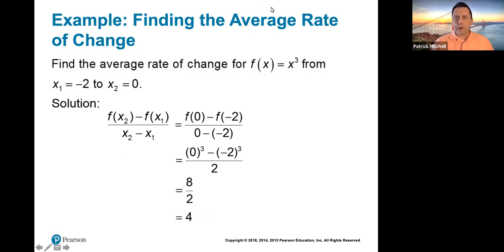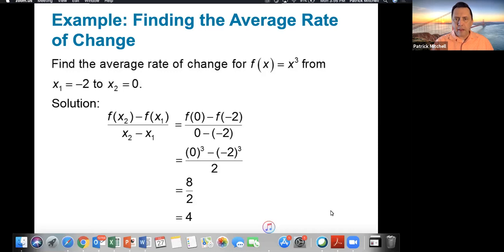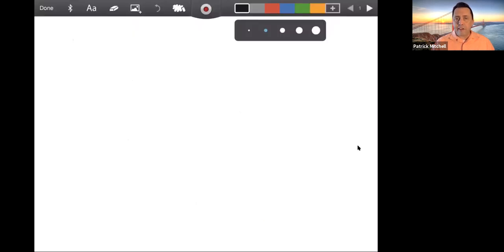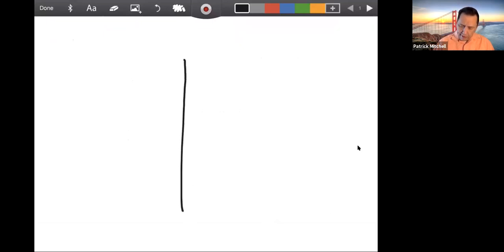So let me switch over to the tablet. Just want to draw you a little picture of what that represents. Pretty soon you're going to be reintroduced to the graph of f of x equals x cubed. Hopefully you saw that in your trig class. The graph of f of x equals x cubed looks something like this.